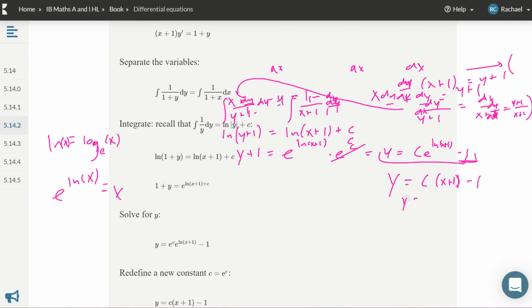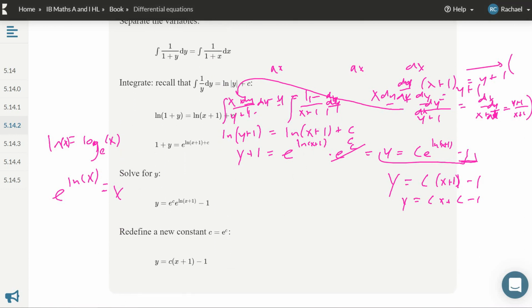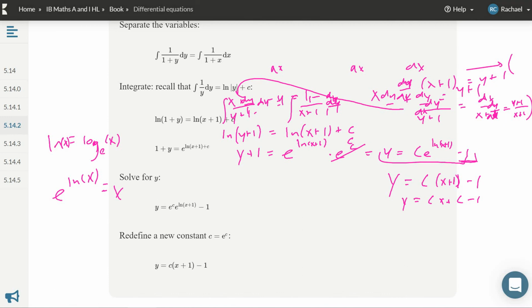And in fact, you could probably go even further, c times x plus 1 minus 1, which is just cx plus c minus 1, but it doesn't matter. This is the solution here. So, okay.